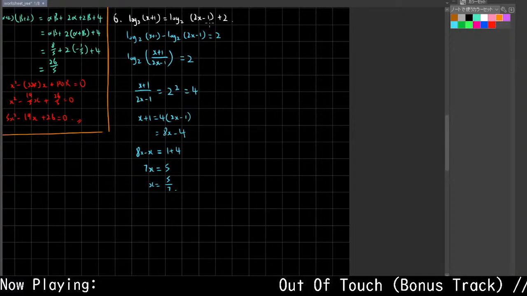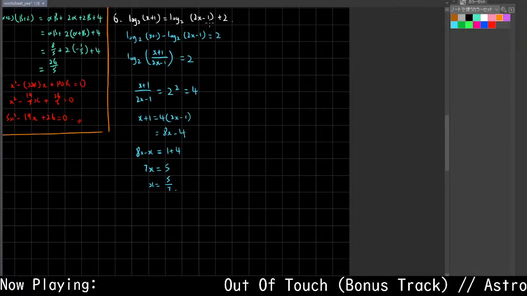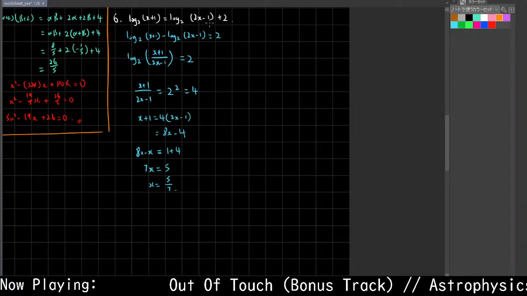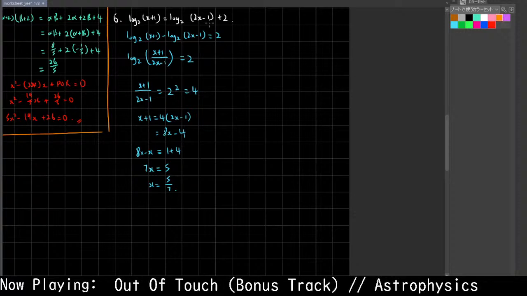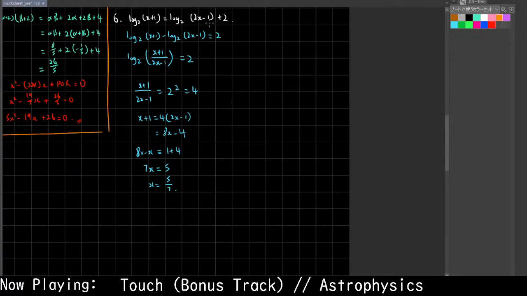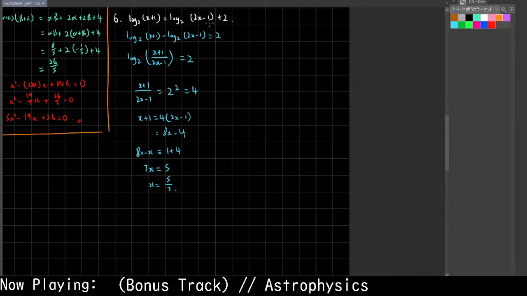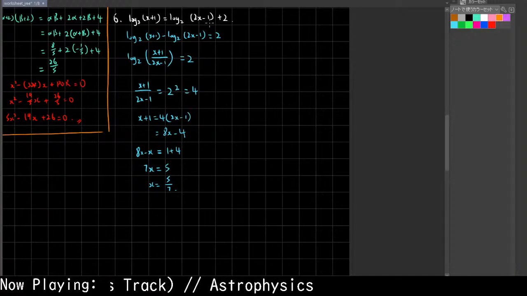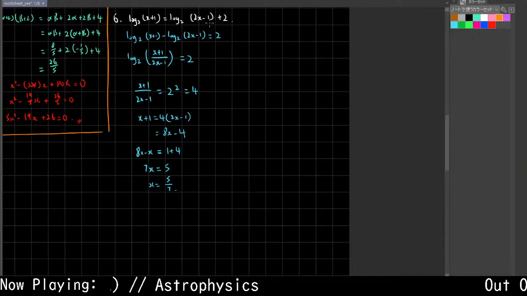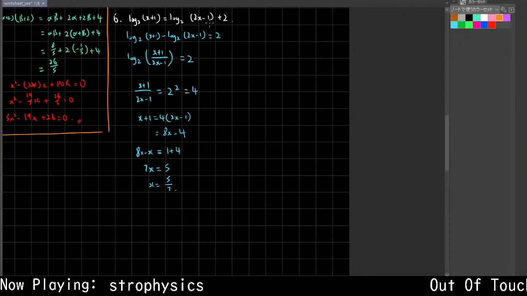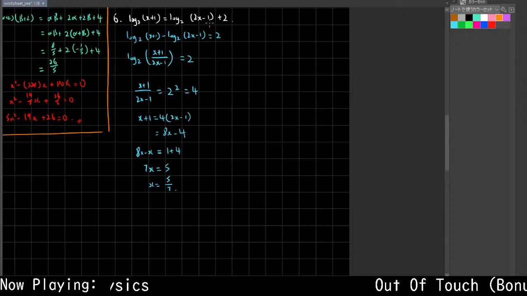If it's less than 0, then it's not good. Less than 1 still can, because if I put it back into my log for x plus 1, I will get something larger than 1, so it's fine.